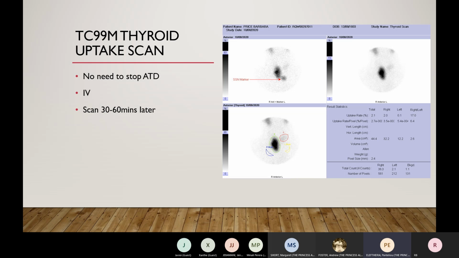The uptake scan we use in this hospital is based on an isotope called technetium-99m. You don't need to stop the patient's medications to do the scan. It can be given IV, and it allows a rapid scanning time. So within 30-60 minutes, you can have your pictures.